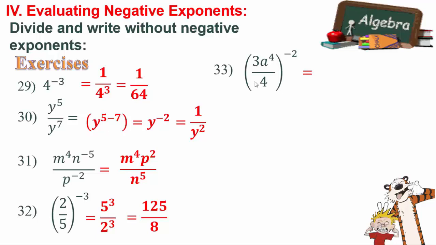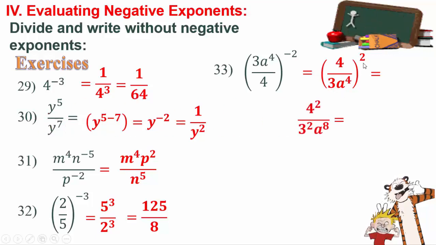Summarizing 33, whatever technique you use, you'll end up with all positive exponents. So this way I did it all positive exponents by turning it upside down and then bringing the 2 inside, and then working it out explicitly, so I get 16 over 9a to the 8th.